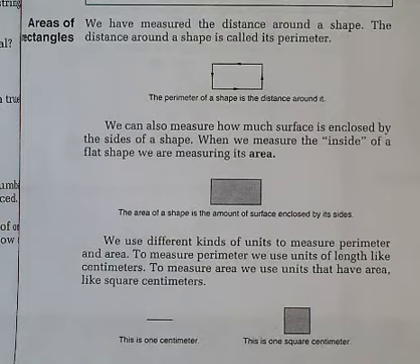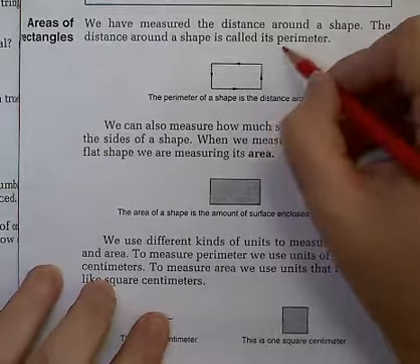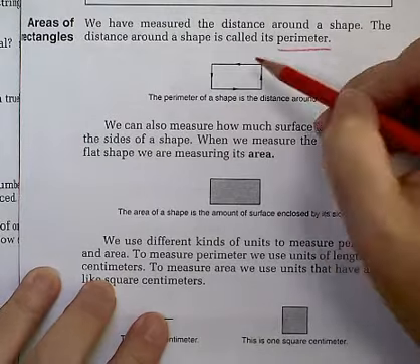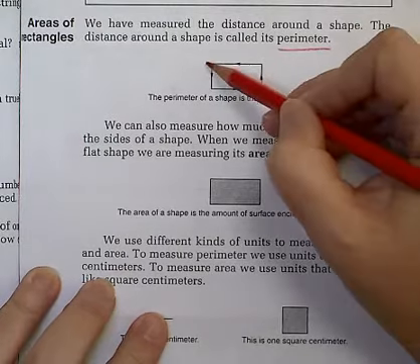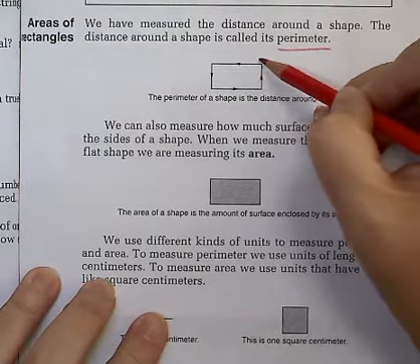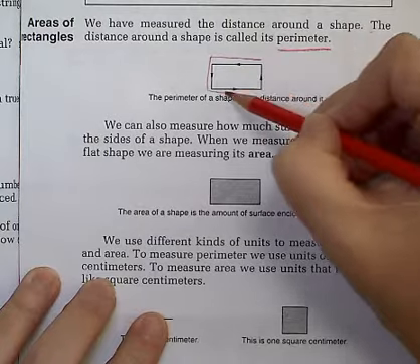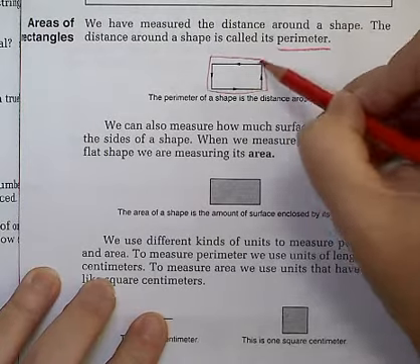First of all, let's do a quick review with another common term that sometimes we confuse with area, and that term is perimeter. If you remember, perimeter is just like a walk around a block. It is the distance it takes to go all the way around an object.